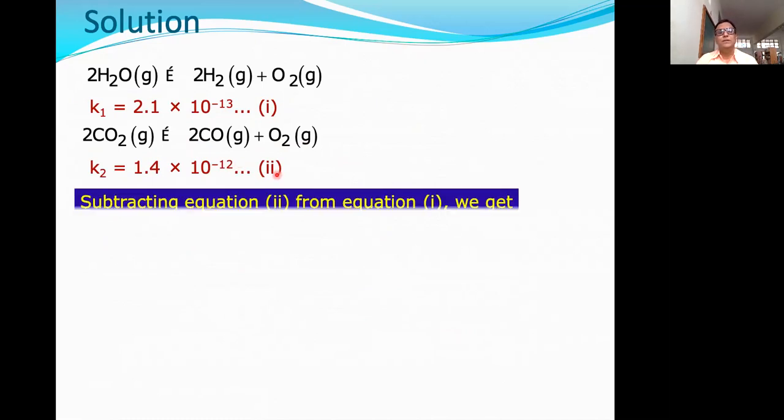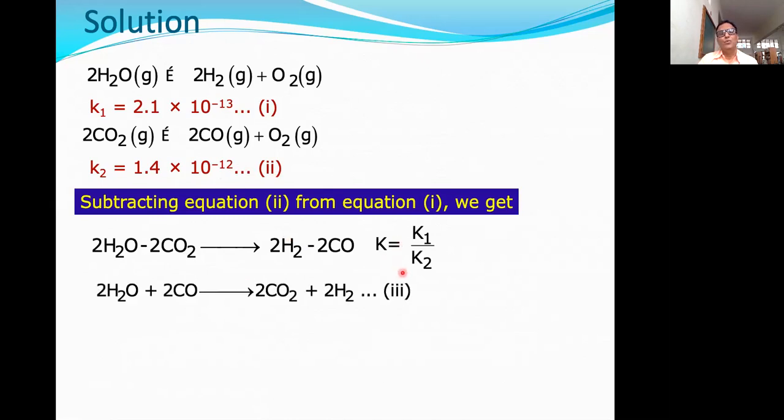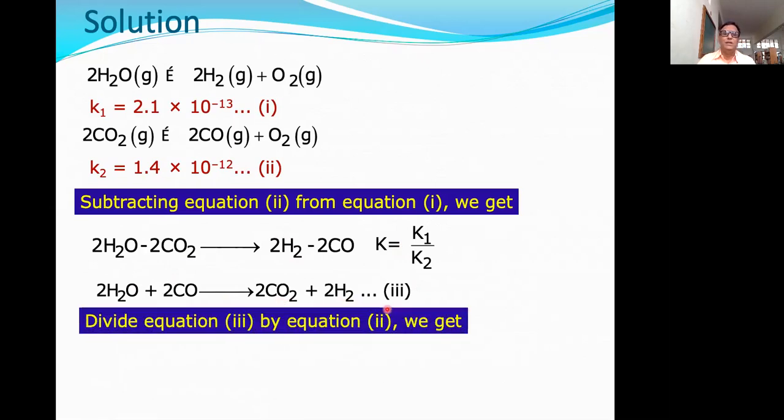Suppose this is second equation. Now subtract equation second from equation 1. You will get twice H2O minus twice CO2 gives twice H2 minus twice CO. So K is equal to K1 upon K2. Therefore, twice H2O plus twice CO gives twice CO2 plus twice H2. Suppose this is equation number 3.